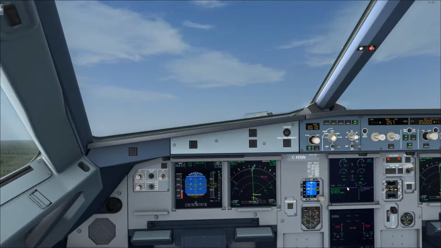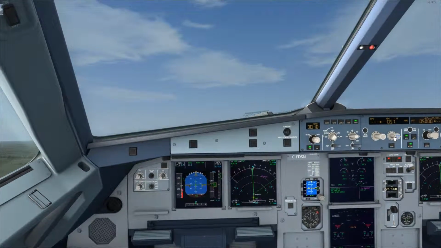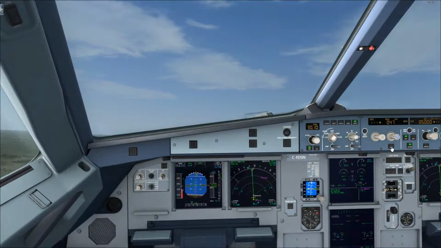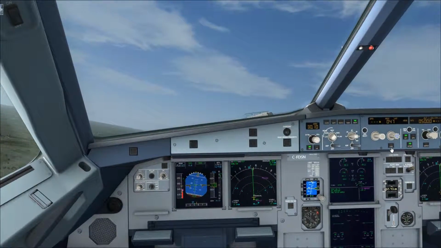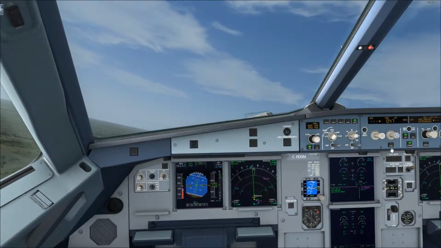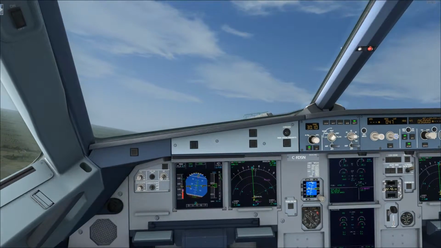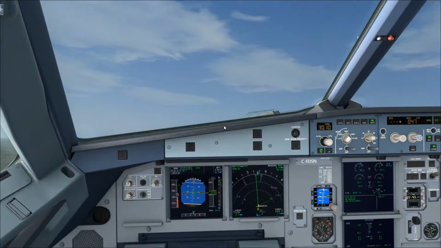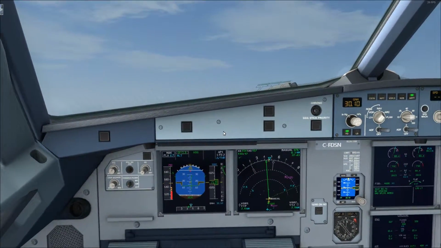And we should maintain runway heading, and we're at 1200 already. Let's go 047. I think I might have gotten ahead of myself. That was the... No, I didn't.